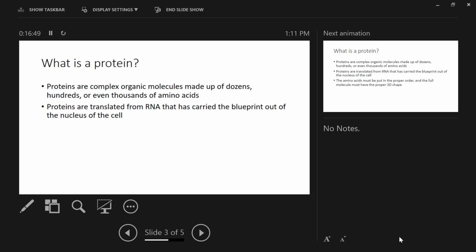So proteins are translated from RNA that has carried the blueprint for making that protein outside of the nucleus of the cell. And if this were a biology class, I would show you how that works. Even though it's all based on chemical reactions, it's more than what you need to know.